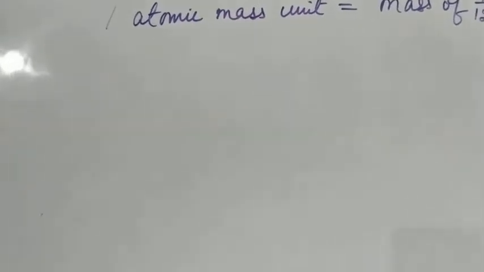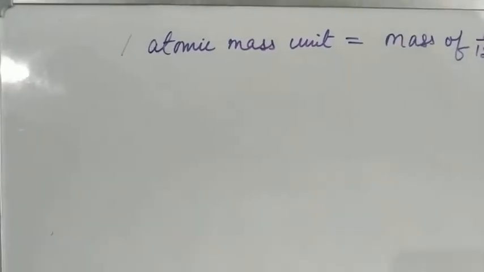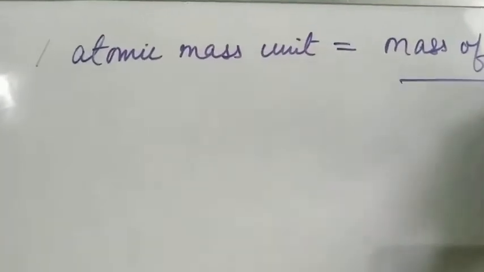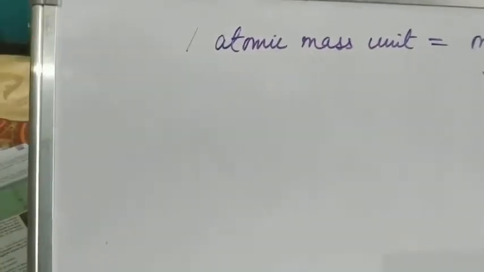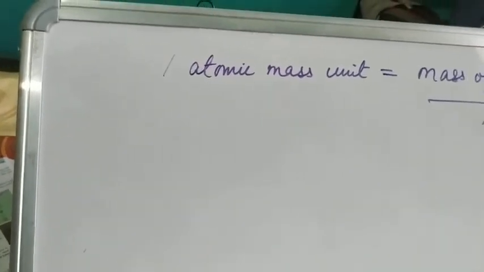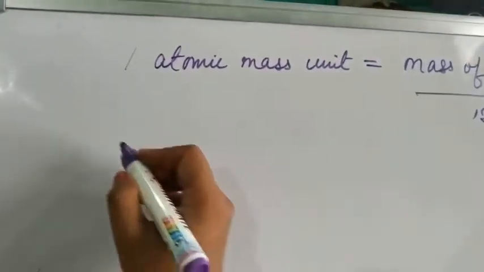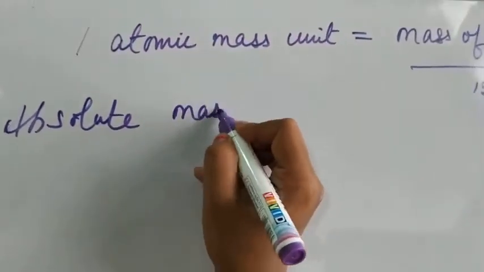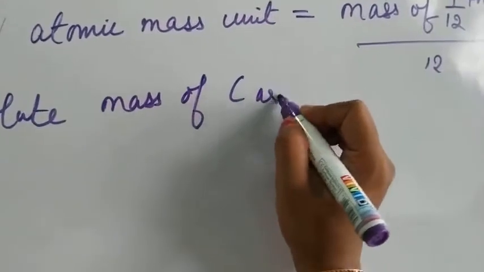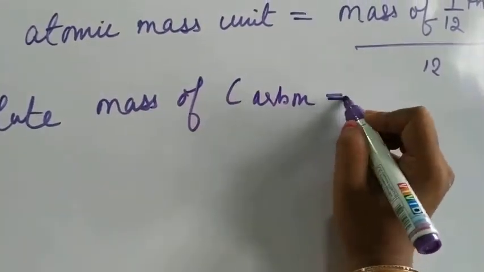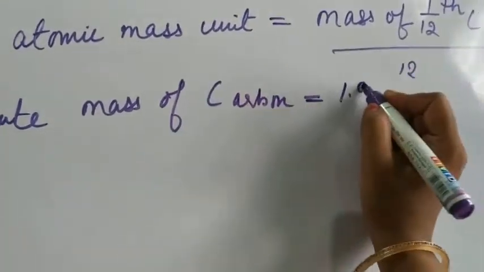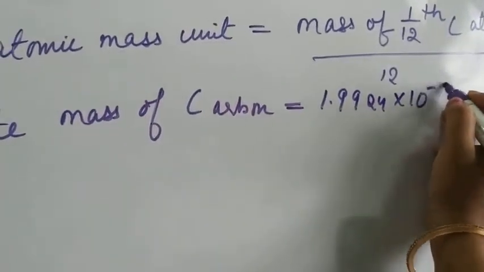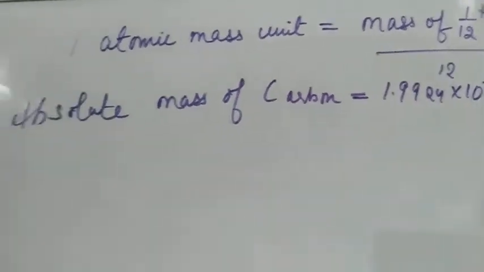One atomic mass unit is equal to the mass of a carbon-12 atom divided by 12. The absolute mass of a carbon atom, on solving, we get 1.9924 into 10 to the power minus 23 gram.